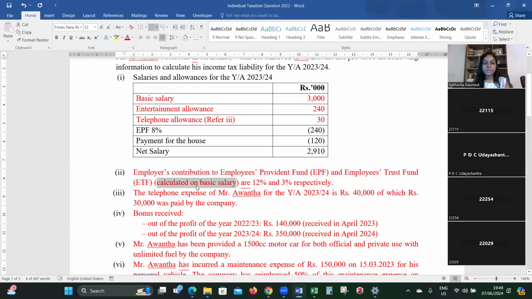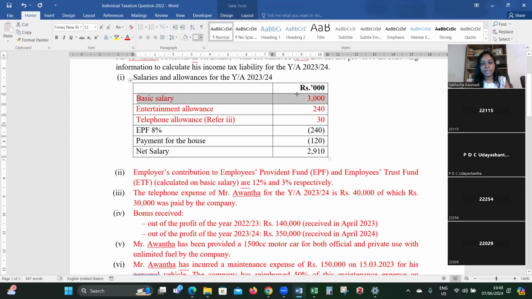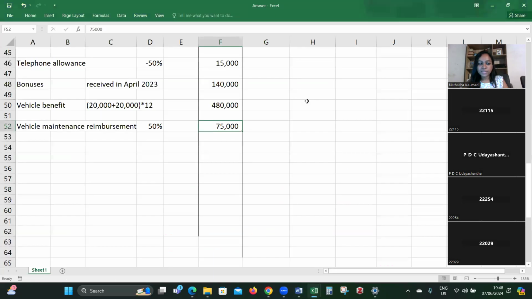So EPF has been calculated on basic salary. That is the salary we have to consider to take 12.5%. Are you clear? Right? So this basic salary, that is annual, not monthly, annually 3 million rupees. That is the salary we have to consider here. Your answers are correct.